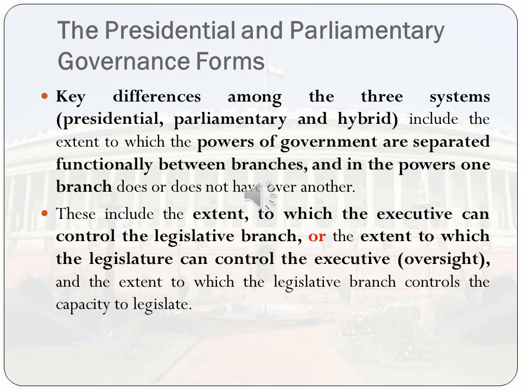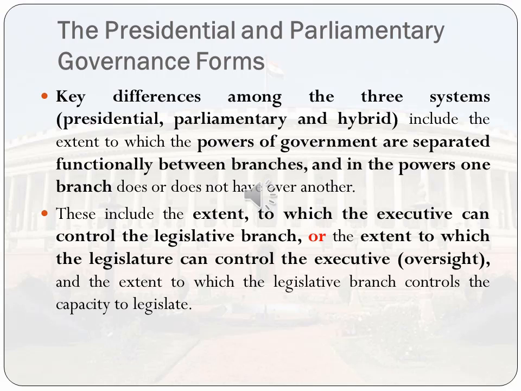The key differences among the three systems, that is the presidential system, the parliamentary system, and the hybrid system, include the extent to which the powers of government are separated functionally between the three branches, and the powers one branch does or does not have over another.